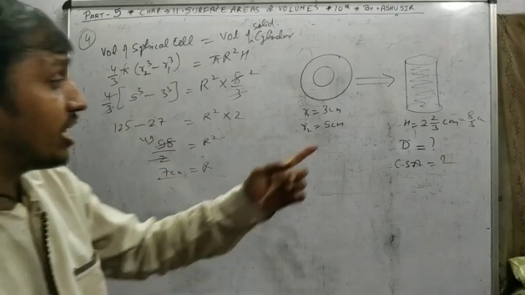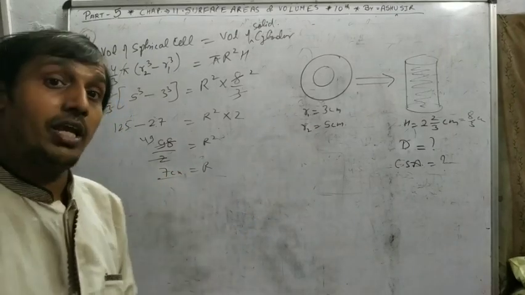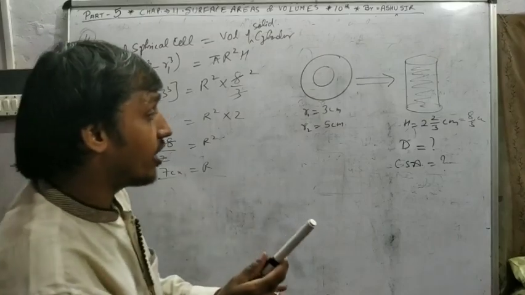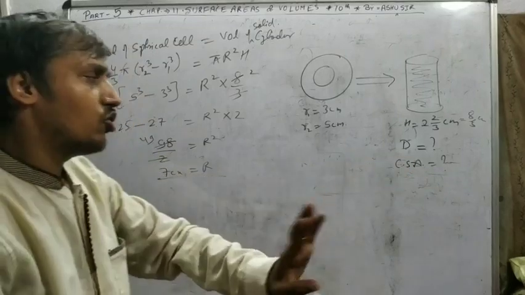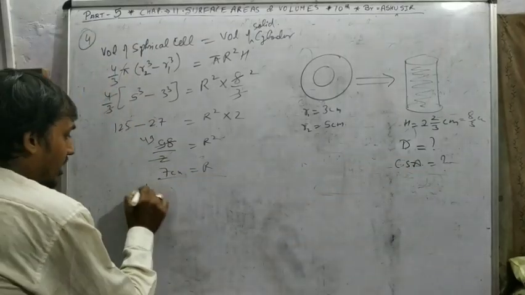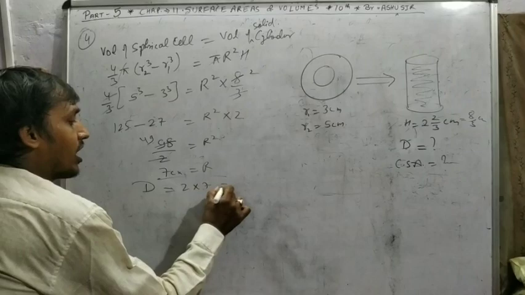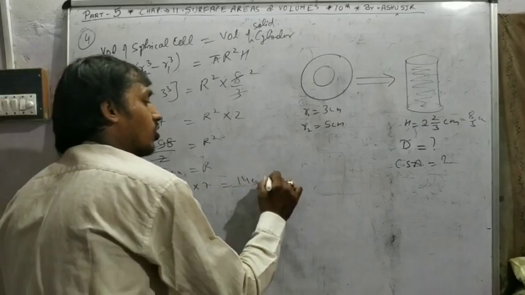The radius of the cylinder is 7 centimeter. So if your friend's chocolate has 7 centimeter radius, the diameter is equal to 2 into 7, that is 14 centimeter, which is your first answer.